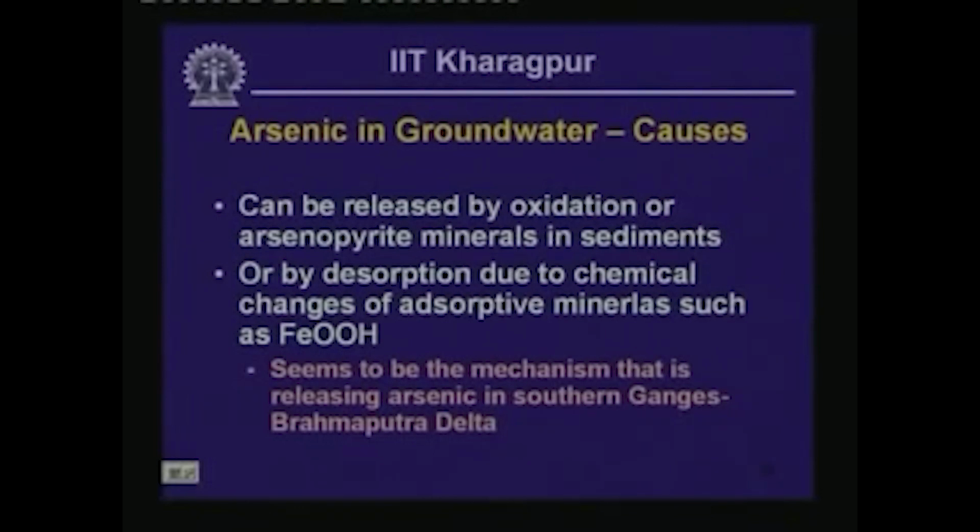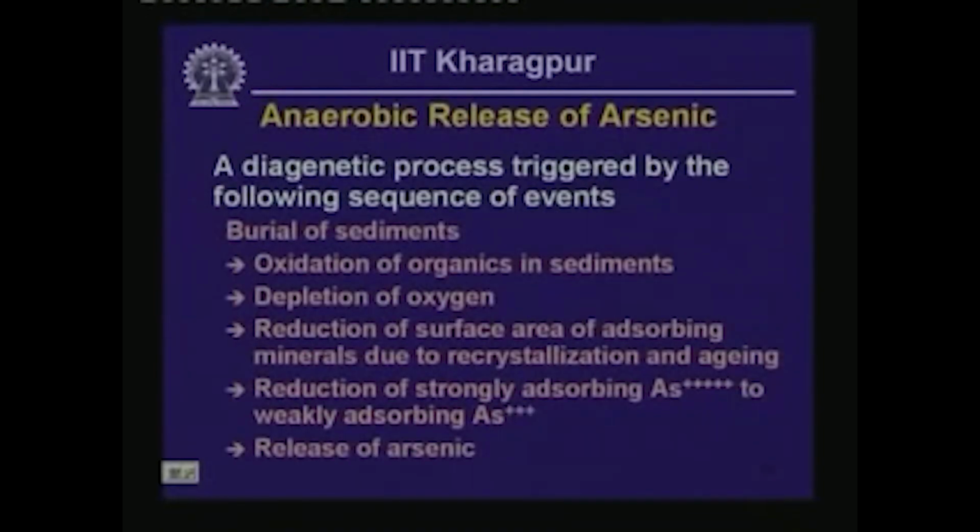The first one is an aerobic trigger, while the second one is the anaerobic trigger. The second one, in fact, is apparently the mechanism that is releasing arsenic in the Ganges-Brahmaputra delta. How does that sequence take place? This sequence is listed here.